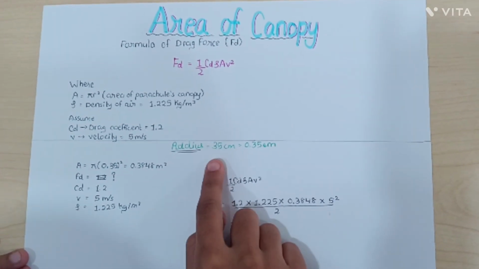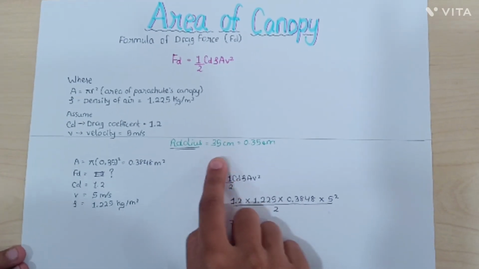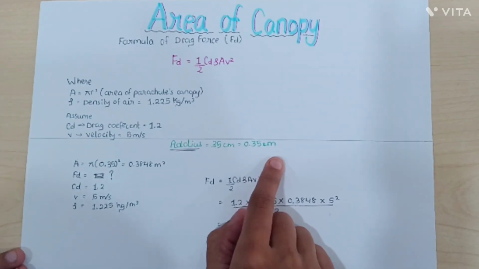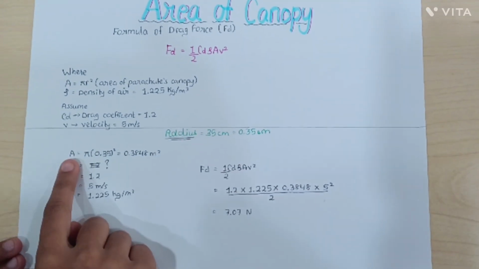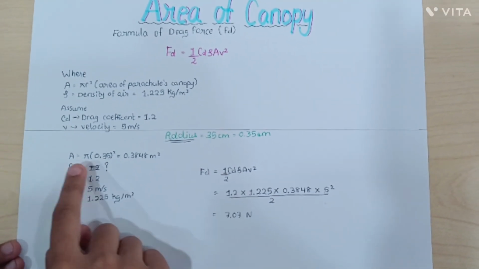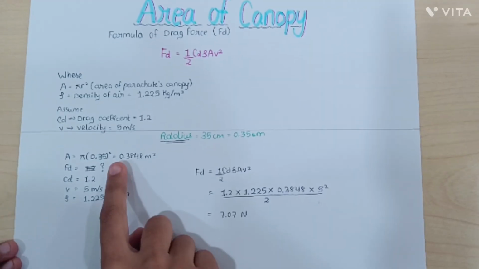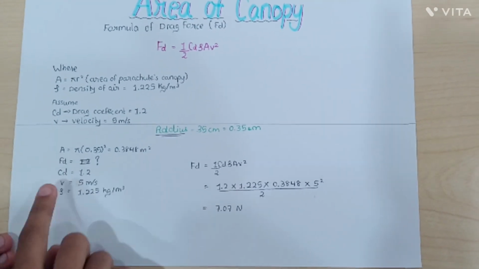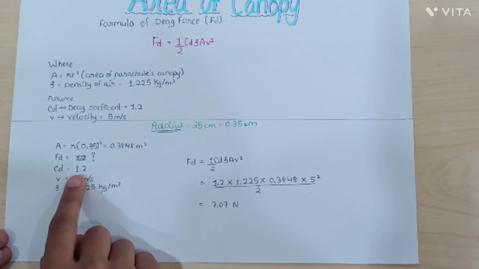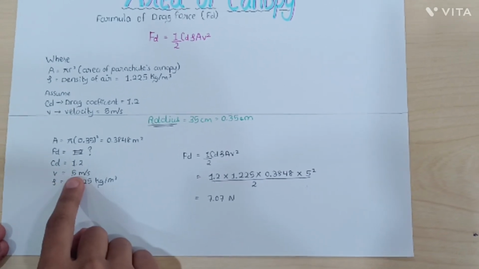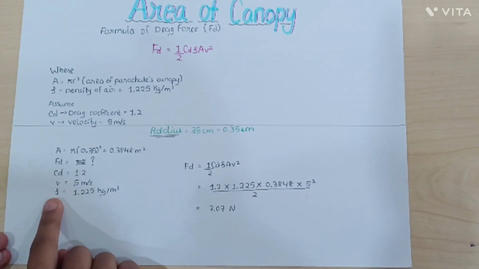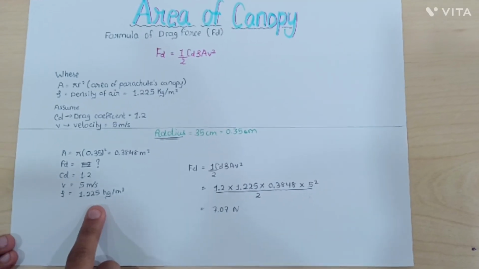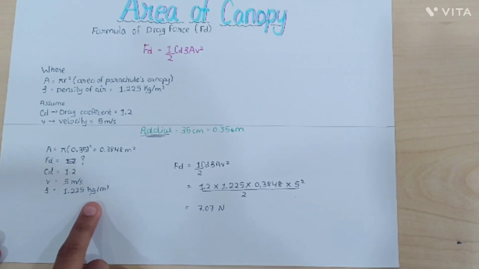The radius is equal to 35 centimeter, which is 0.35 meters. The calculated area using the formula pi r square is 0.3848 meter square. CD is equal to 1.2, V is 5 meter per second and rho is equal to 1.225 kg per meter cube.